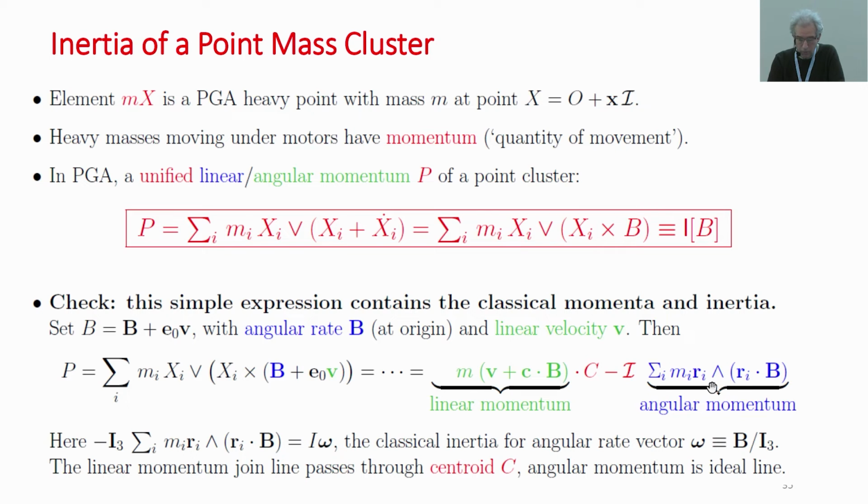I want to open it up only later at the end of the talk, but it is in there. This looks completely innocent, but the B contains both the rotational and the translational aspects, and this total inertia that we compute is still completely capable of capturing how hard it is to translate something and how hard it is to rotate something. It's all in there still. It's just surprisingly simple.